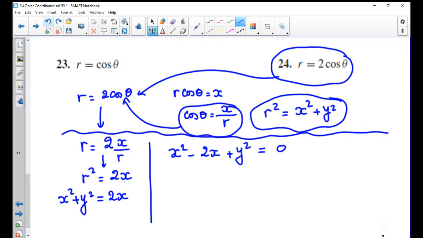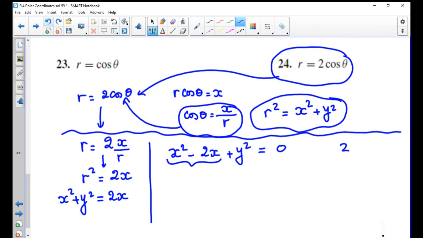Are you okay with this? Now, what do you think we need to do next? What do you call that? Completing the square. Do you know this method of completing the square? I want to add something to make it into a square. And what do we add to it?